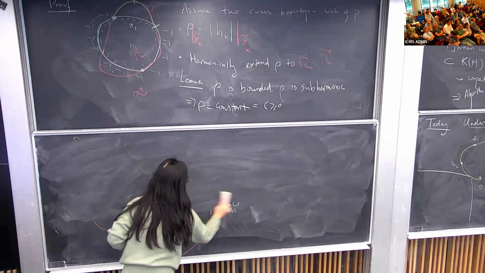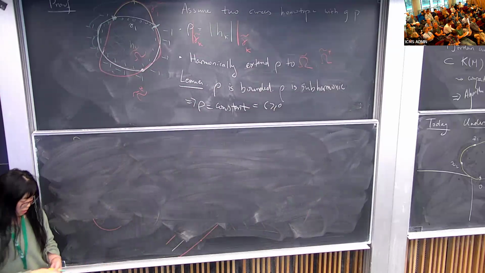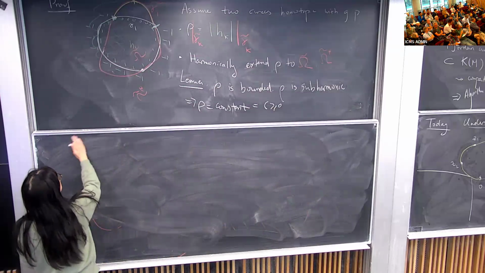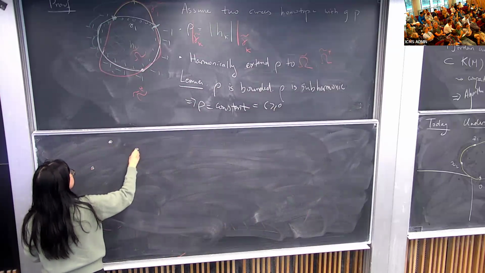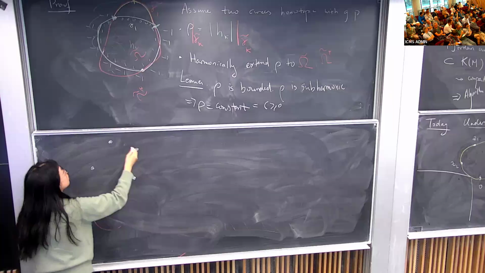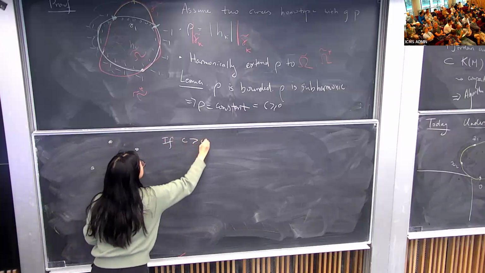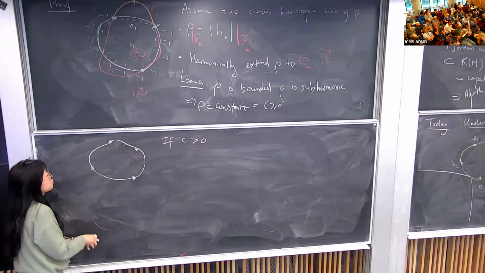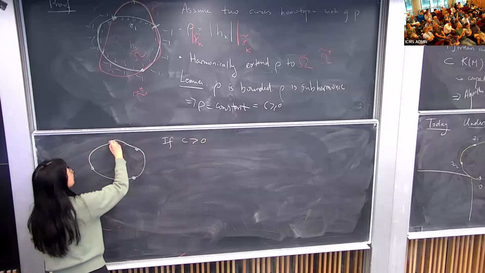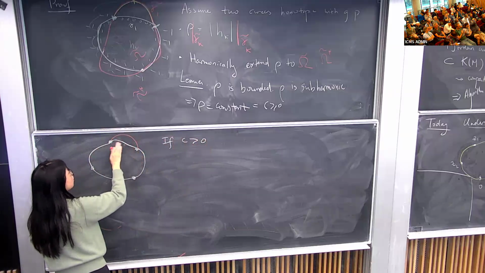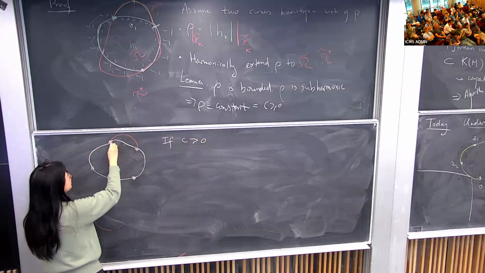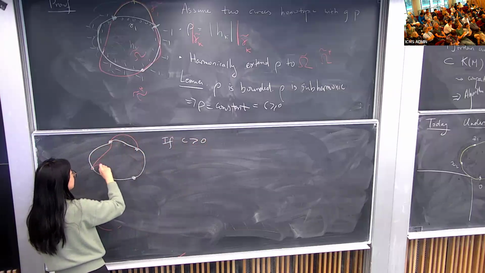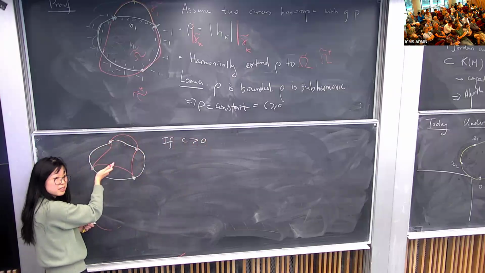Now the final step is to show that this constant has to be 0. Roughly speaking, if C is strictly positive, so this is my first curve, this is my reference curve, this would imply that the red curve will be on one side of the curve, and basically we show that if the red curve is on one side of the curve, the other side has to be all the inside of the curve.